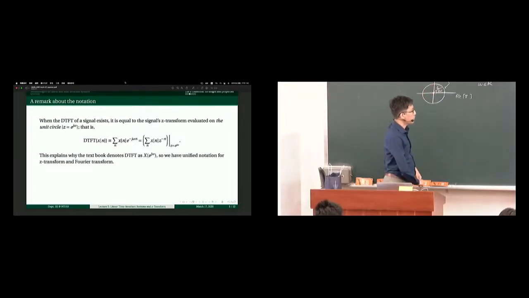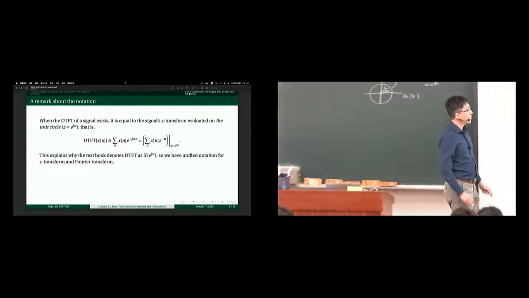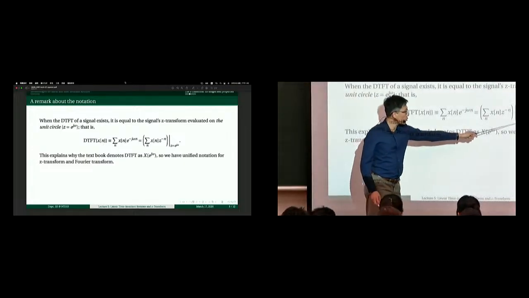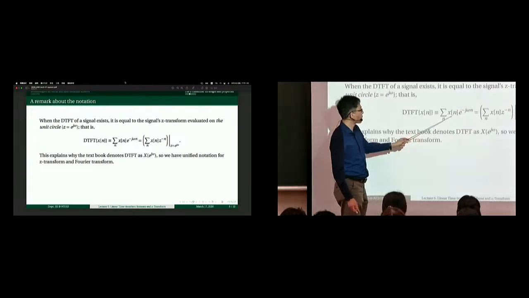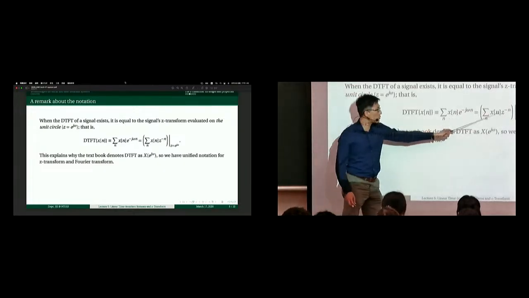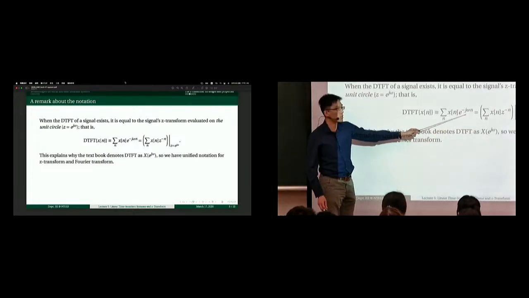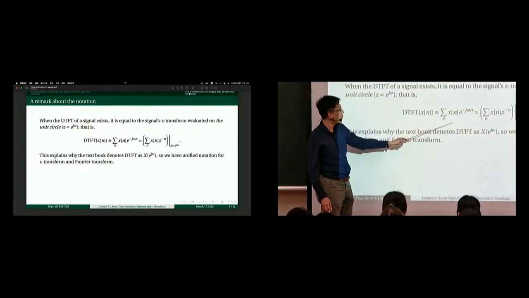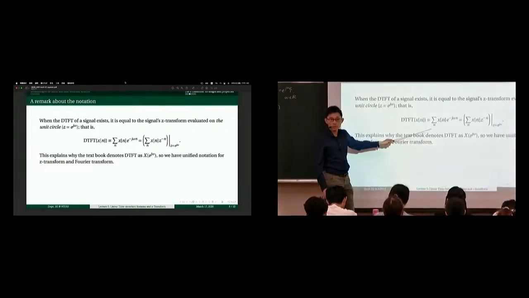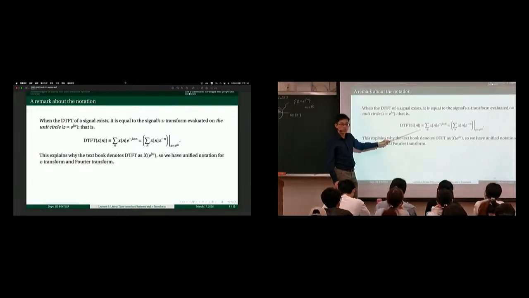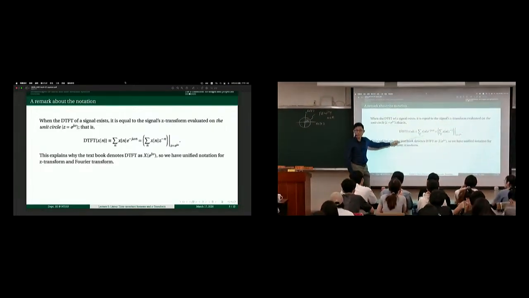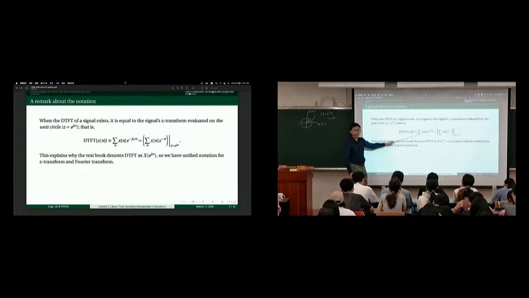But if somehow we put z equal to a point on the unit circle and put it in here, we get z to the minus n becomes e to the minus j omega n. Is that clear? And we have seen this before, right? What is it? It's exactly the DTFT, right?